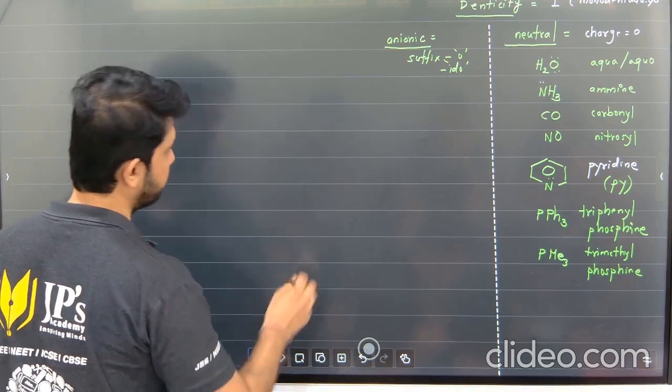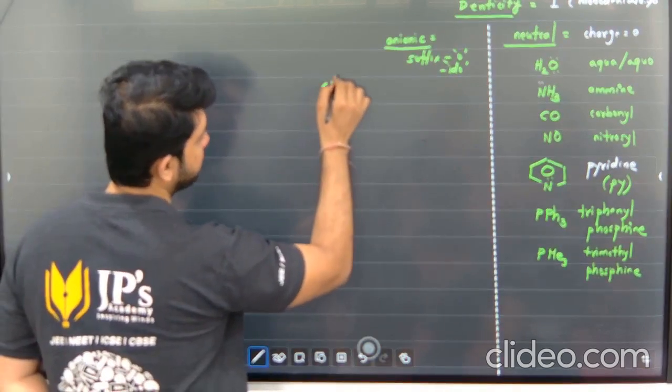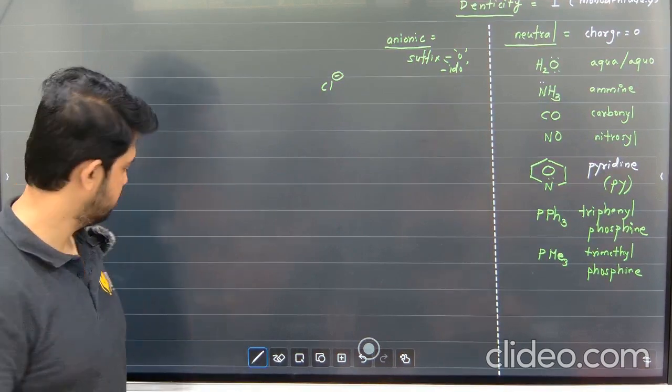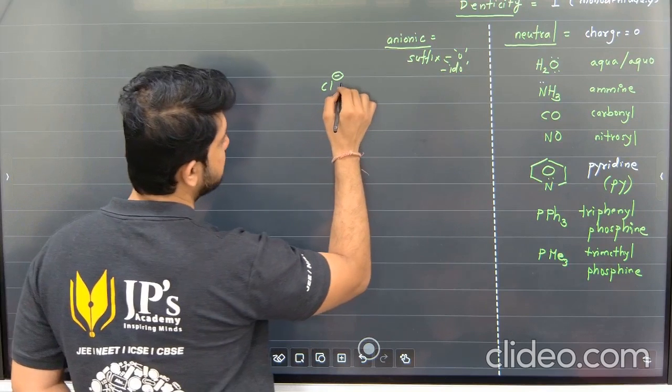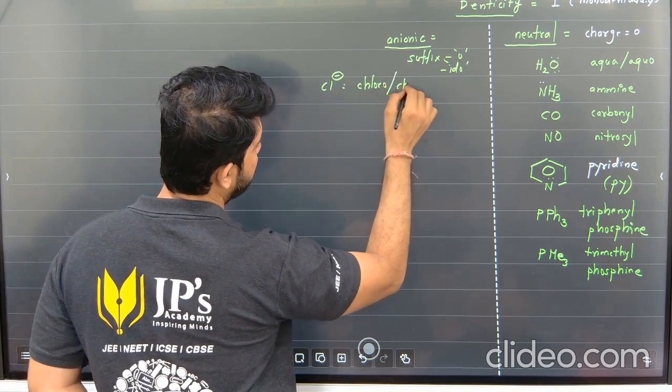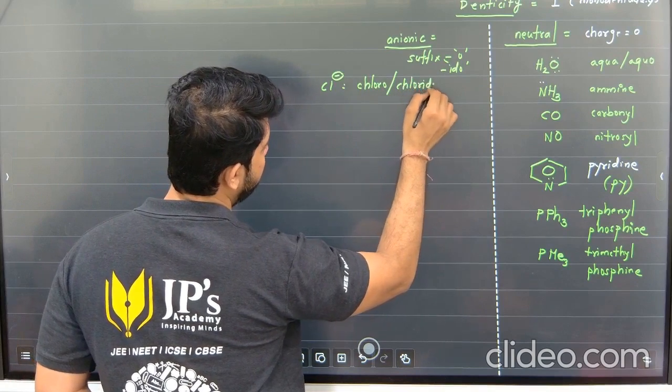For example, Cl minus is called chloro or chlorido.